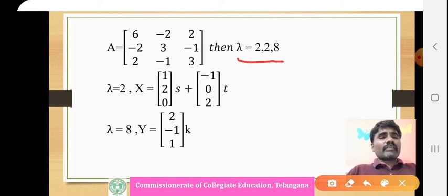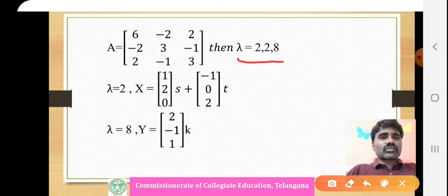The product of the eigenvalues is det A. If you find the determinant of A, it will be 32, and the product of the eigenvalues 2 times 2 times 8 is also 32. The sum of the eigenvalues is 12, and trace of A is 6 plus 3 plus 3, which is also 12. You have to cross check everything.